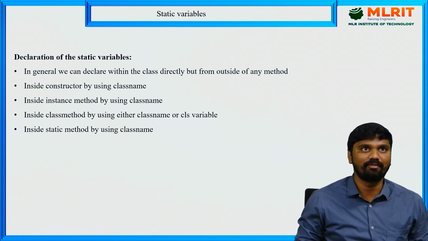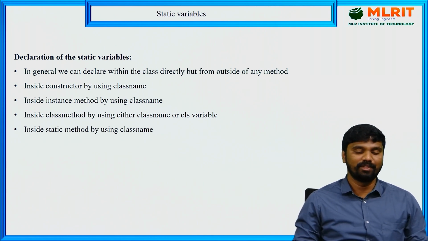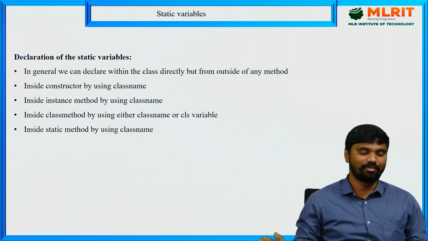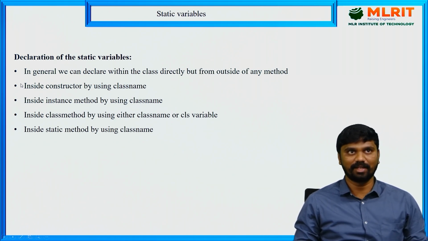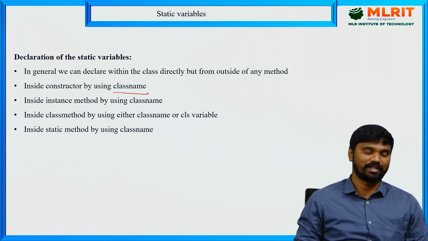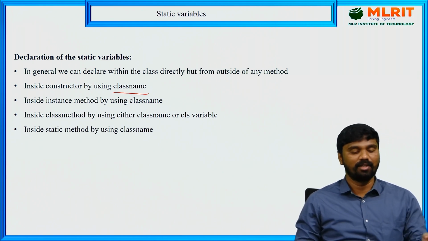Next, how can we declare the static variables? Generally, we can declare them within the class directly, outside of any method. Just now we saw that example, right? If you want to declare inside the constructor, you can declare by using the class name. Inside an instance method, we can also use the class name.